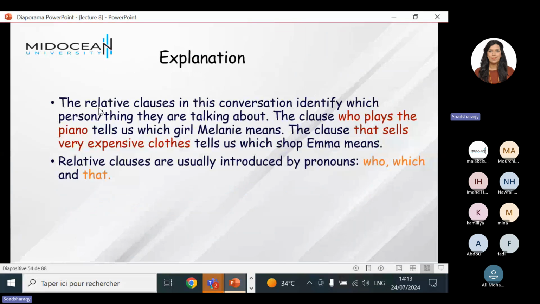Explanation. So the relative clauses in this conversation identify which person or thing they're talking about. The clause who plays the piano tells us which girl Melanie means. The clause that sells very expensive clothes tells us which shop Emma means. So relative clauses are usually introduced by pronouns like who, which, and that.